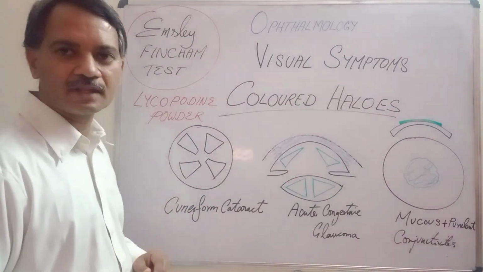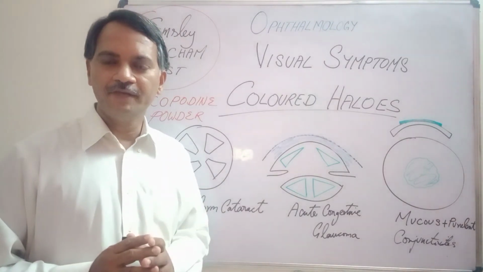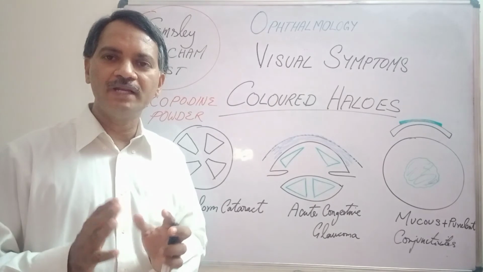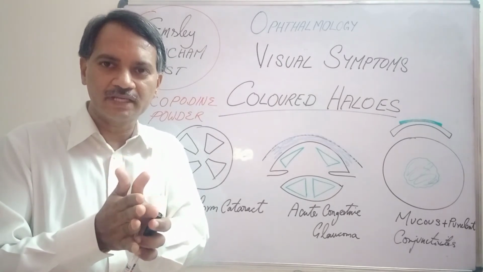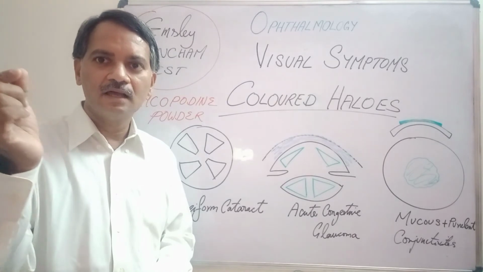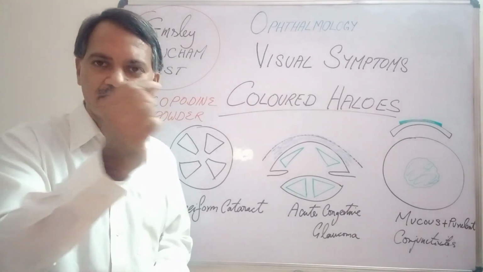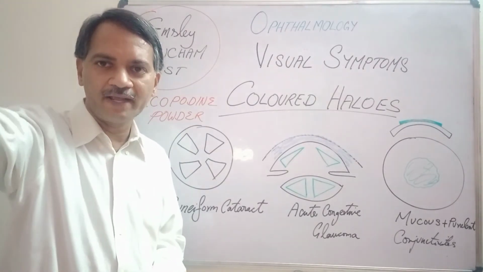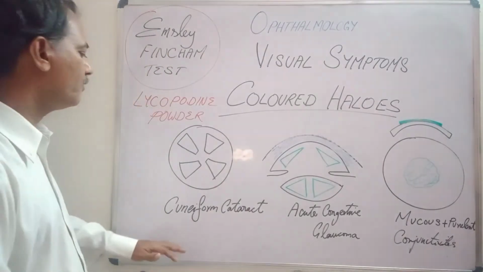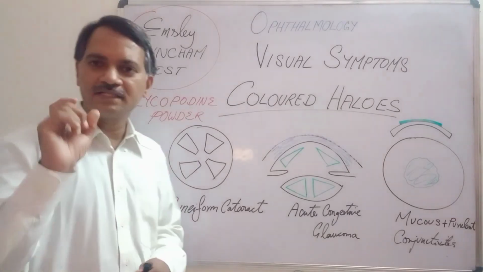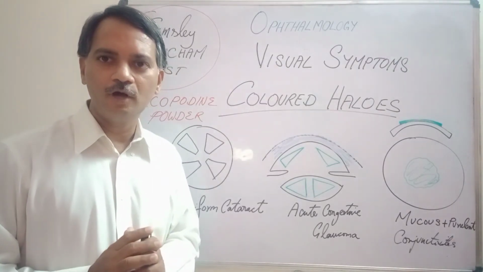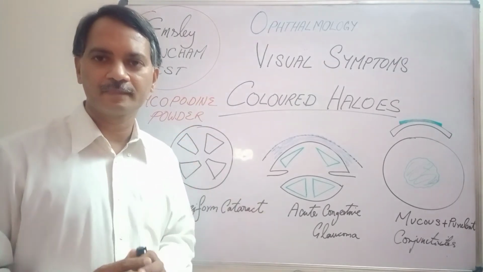The next thing is Kaye Fincham's test. In this test, we use two glass slides with lycopodium powder in between the two slides. This slide is moved in front of the patient's eye with the source of light behind. What will happen in cuneiform cataract? The patient will see a colored halo, but the colored halo will be broken.